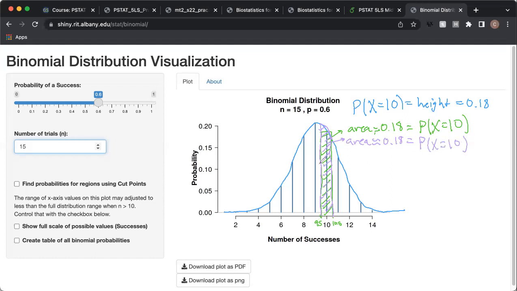But what is this area exactly equal to? Well, this area is exactly equal to the probability where some random variable y is between, not 5.5, between 9.5 and 10.5. Where, well, what is this random variable y? This random variable y is the random variable that would have this normal distribution.